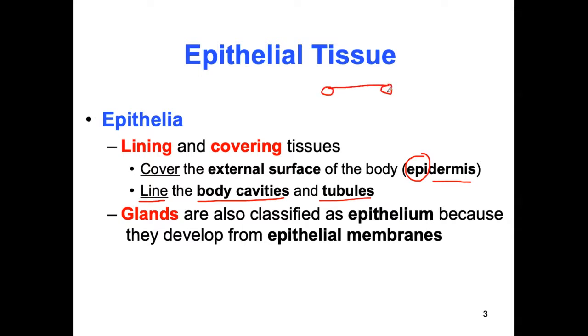Any type of tubular system, which may be a blood vessel, maybe it's the intestines of the digestive system, maybe it's the trachea, maybe it's the bronchi, right? Maybe it's the reproductive tract. So anything that's a tube or a tract or a cavity is going to have epithelial tissue.